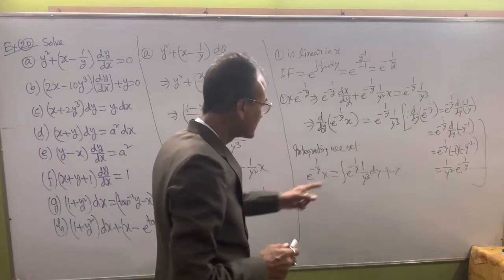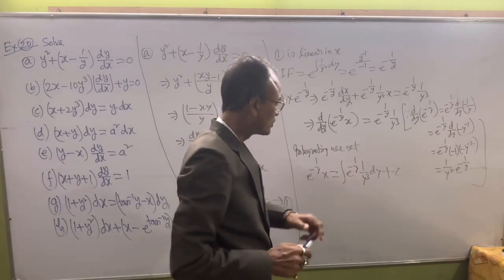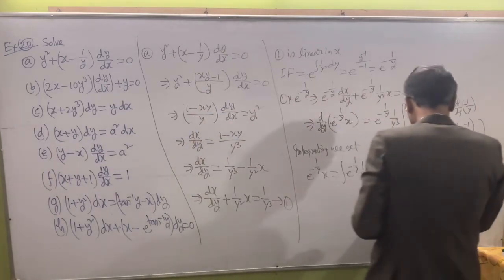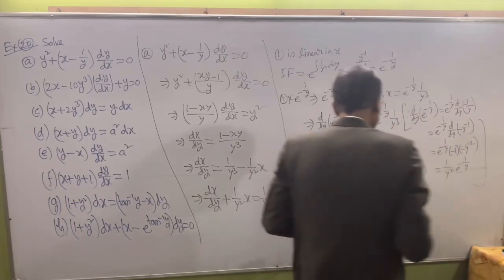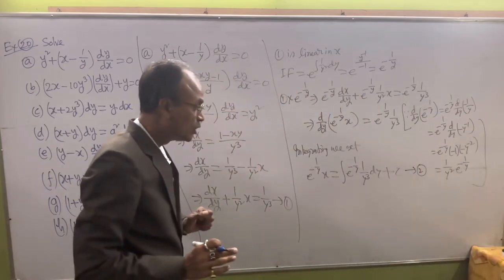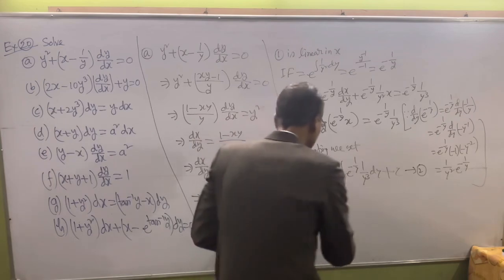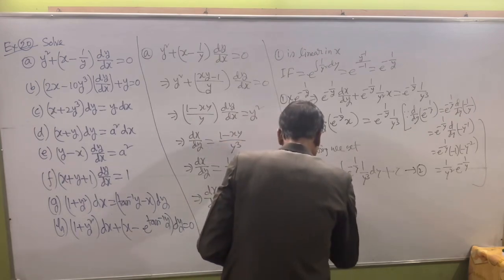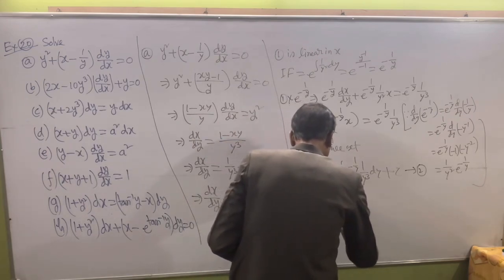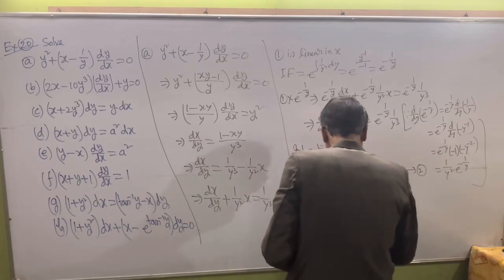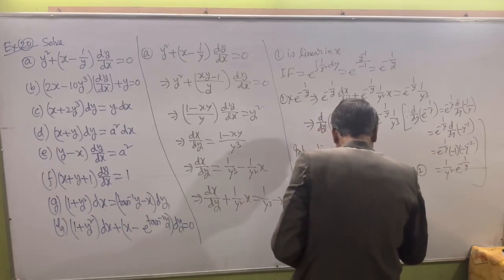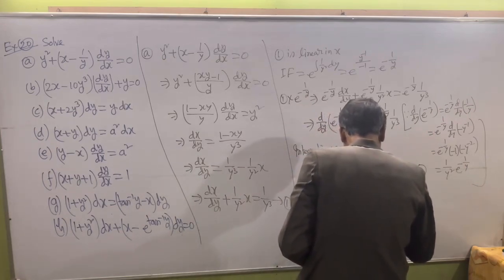Now you are to integrate this one. Suppose this is number 2. Now, put minus 1 by y equal to z. This means minus y to the power minus 1 equal to z.